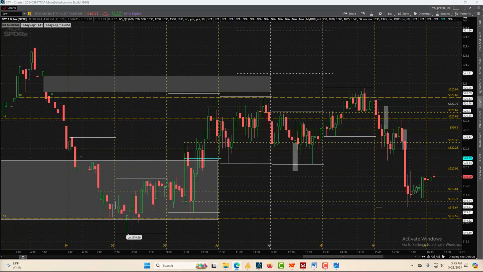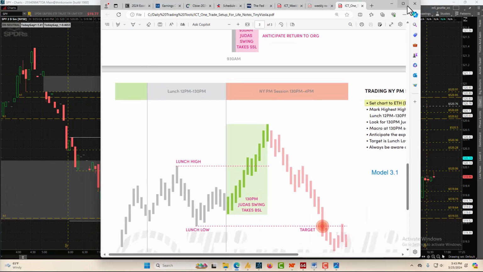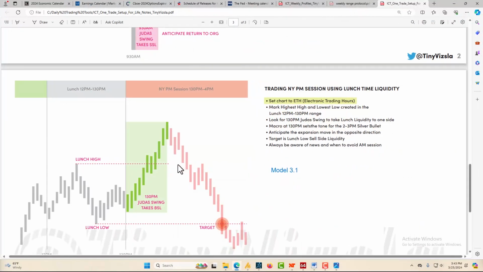It's about the swing right here. This is the model we tried to apply for today, and it's kind of successful, but it's kind of not what we expected.